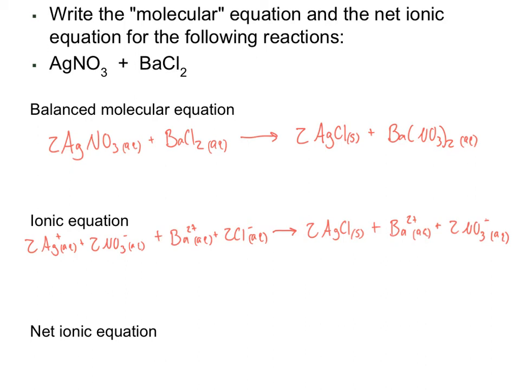And so now we want to look for things that stay the exact same on both sides of the equation. We can see that silver goes from its aqueous form to a solid form over here, and so that changes. However, we have 2 nitrates aqueous in the reactant side and 2 nitrates aqueous in the product side, and so we can cross those out when thinking about our net ionic equation.